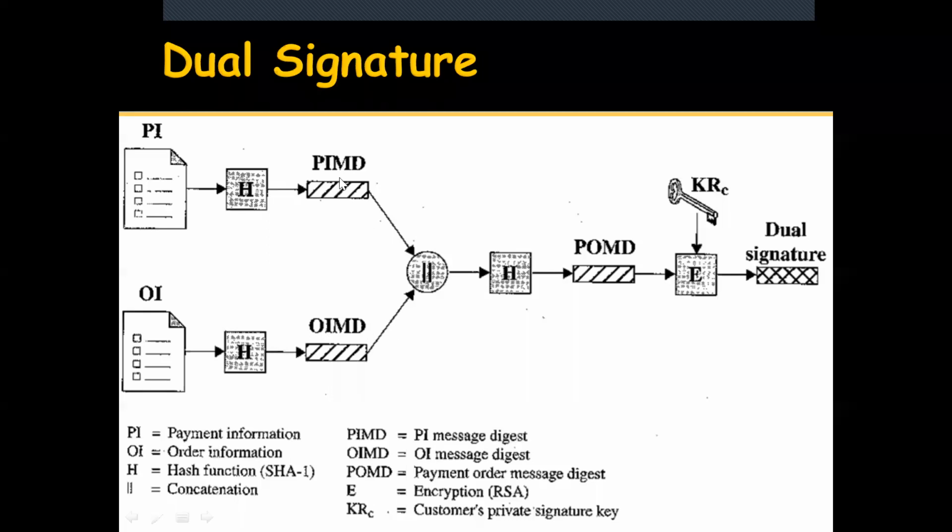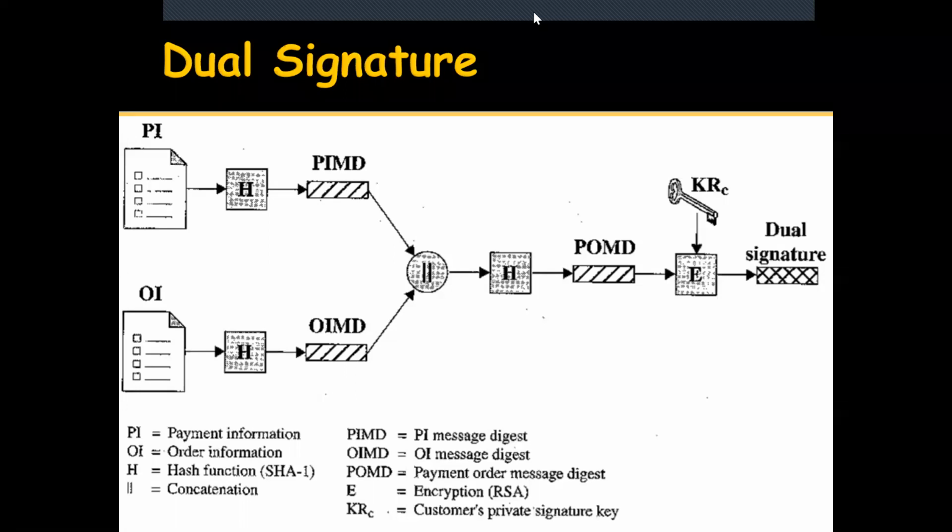So for the purchase, the payment information and order information are both hashed and hash codes are generated. Both hash codes are appended, and this appended hash code is hashed again using the SHA-1 algorithm, and a hash code is generated. That hash code is what we call the POMD, the payment order message digest.